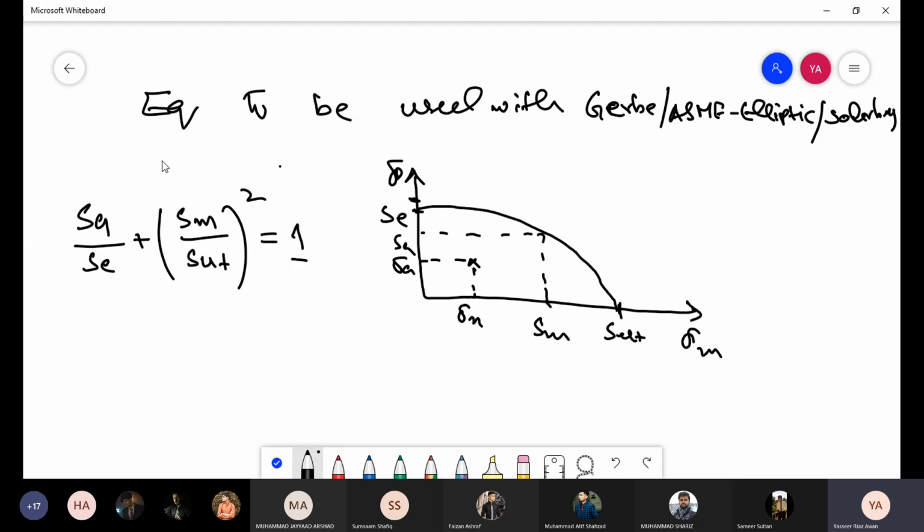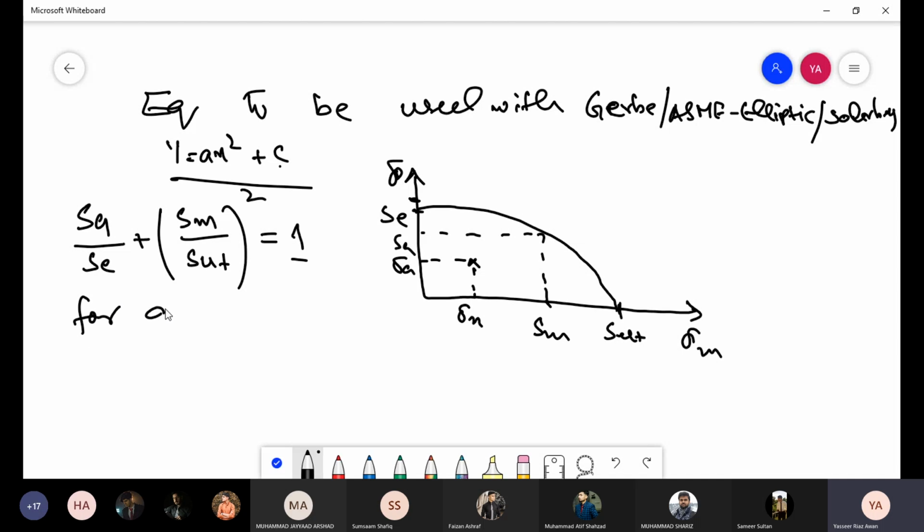And where does that equation come from? This comes from AX square plus C, which is the equation for a parabola symmetric with respect to the y-axis. So we can use this to find this equation.